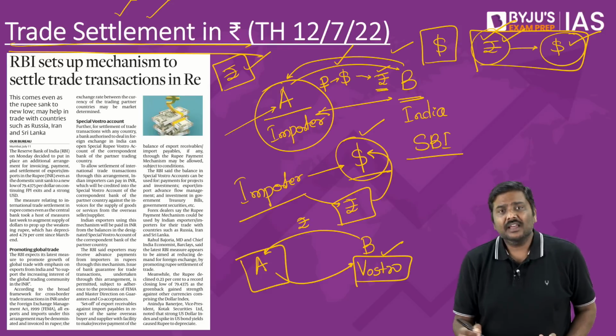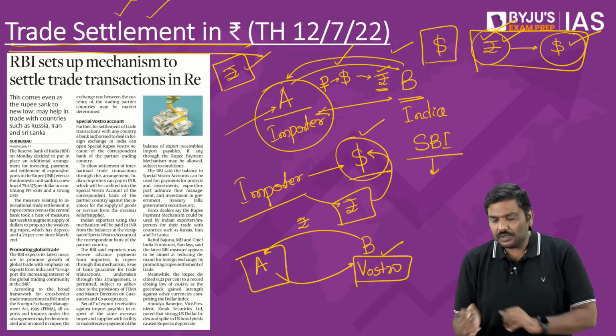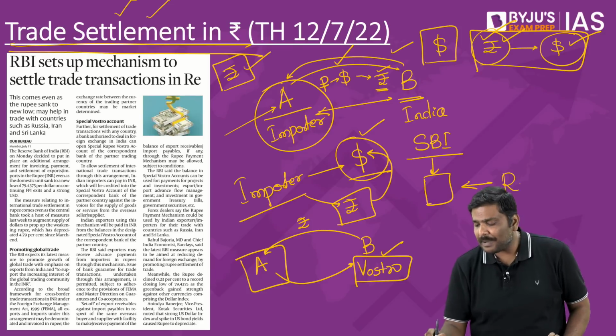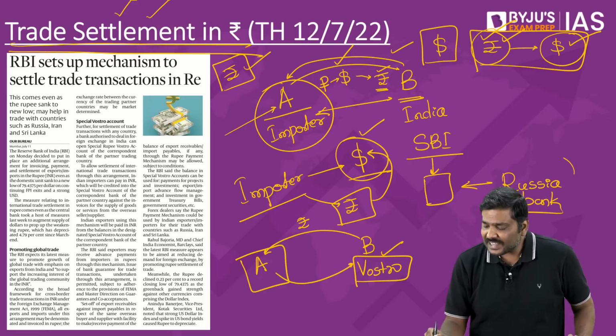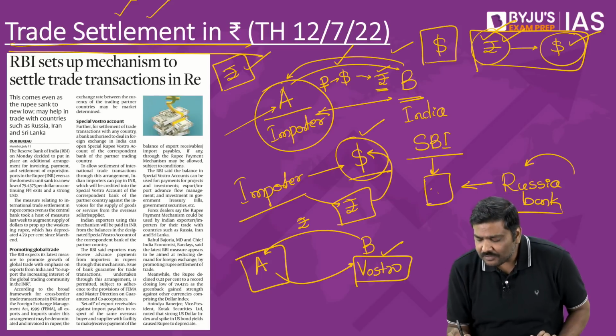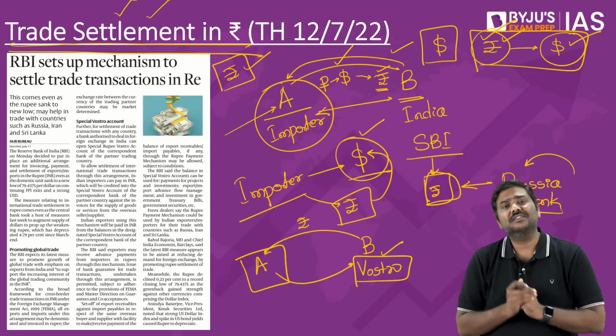So SBI will open a special rupee Vostro account on behalf of a Russian bank. And the importer there will make the payment in, let's say, rubles, and this will be credited into this bank account in rupees.